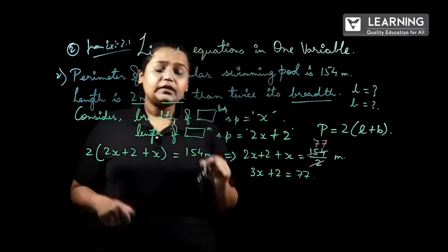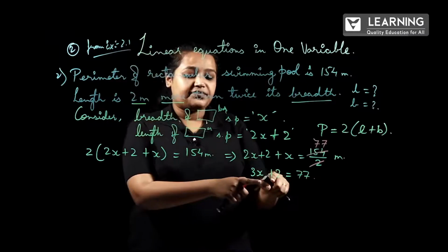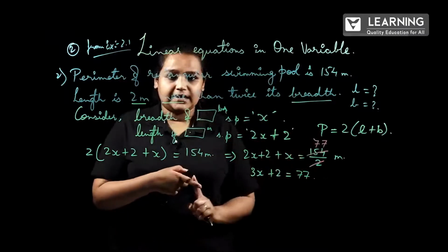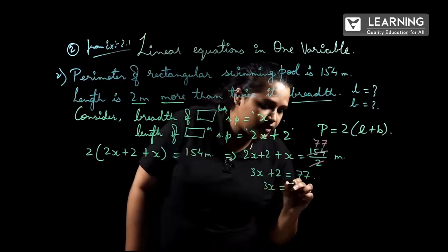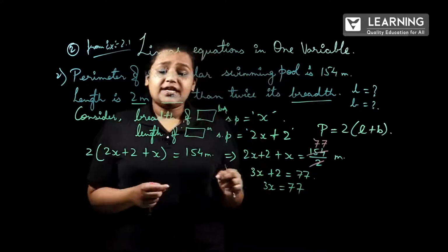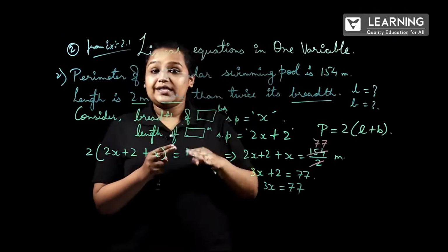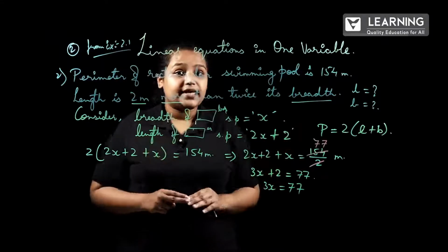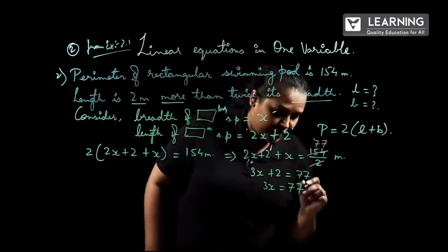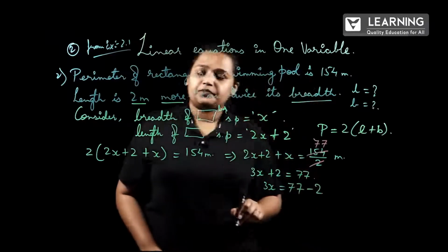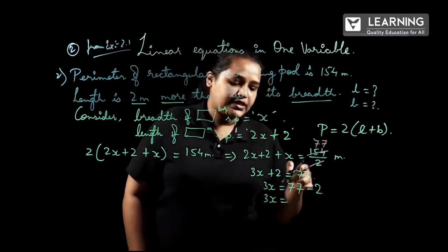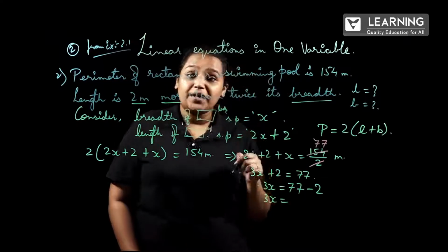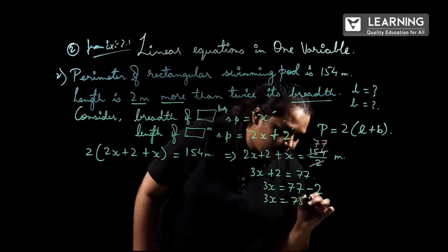So here we will be writing 77. Next, we will be shifting plus 2 to the other side. So this becomes 3x is equal to 77. When we shift positive 2 from one side to the other side, it becomes negative, minus 2. So 3x is equal to 77 minus 2, which is 75.